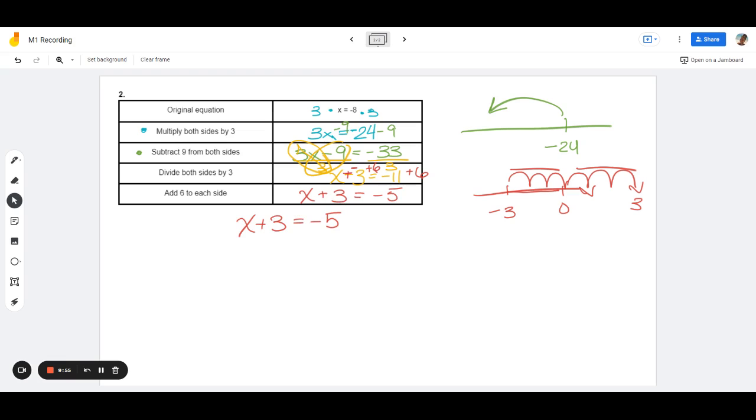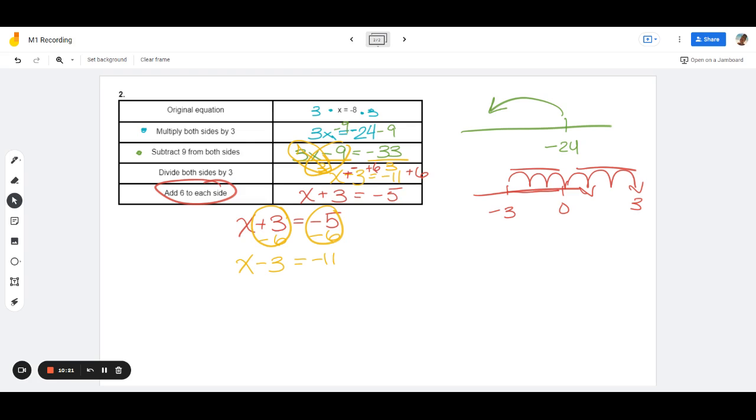So in order to undo adding 6 to both sides, the first thing we want to do is subtract 6 from both sides. So minus 6, minus 6. So we have x is equal to positive 3 minus 6, which will give us negative 3. And negative 5 minus 6 will give us negative 11.